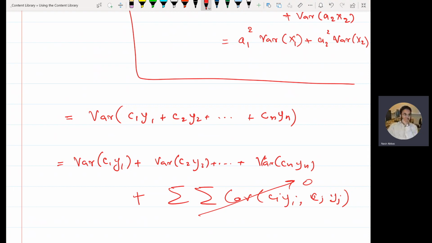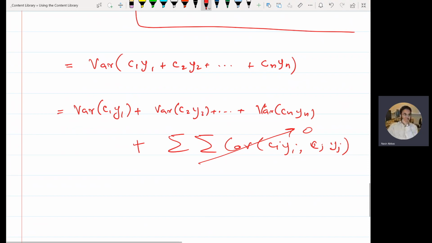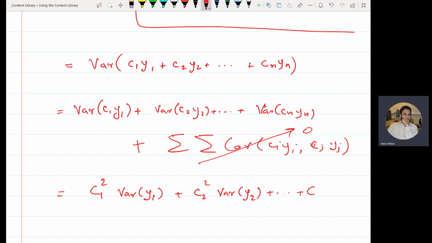All the covariances will be 0, because we are assuming their independence. X1, Y1 is independent of X2, Y2. X1, Y1 is independent of X3, Y3. So each pair is independent of all the other pairs. Which means these variances will be what? C1 squared variance of Y1. C2 squared variance of Y2. All the way up to Cn squared variance of Yn.